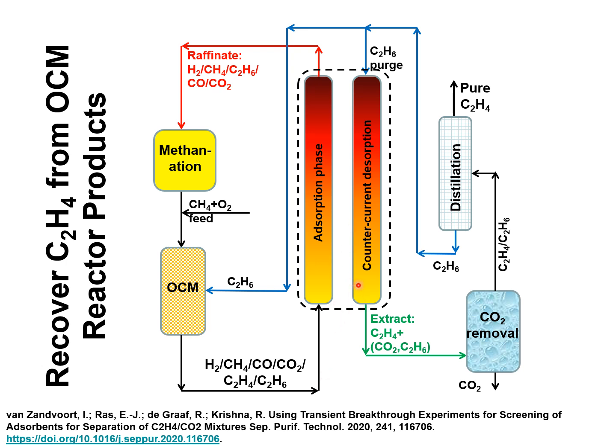In this process scheme, say using activated carbon, the extract phase containing ethene plus carbon dioxide and ethane can be led to a CO2 removal unit, say using amine absorption, and the recovered ethene-ethane mixture can be distilled to produce pure ethene.